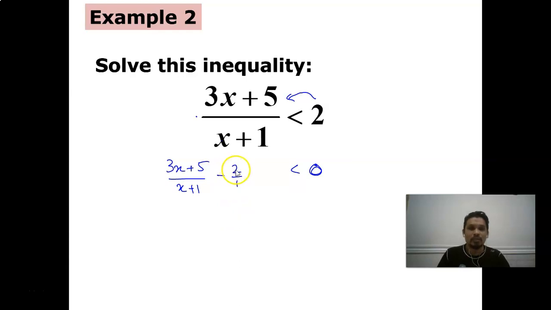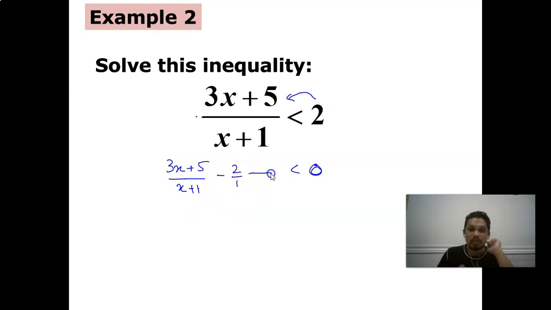Okay, we cannot combine these two and transform them into one rational function. No. Okay, because this one has a denominator of x plus 1, and for this one here, the denominator is 1. We can only combine them if we make some changes. Make sure that the denominator for this part is equal to this one, x plus 1.